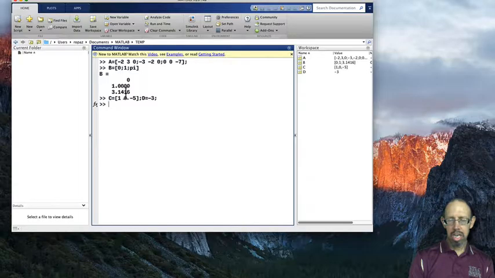I can, using symbolics, declare syms s. It takes a while to do that.